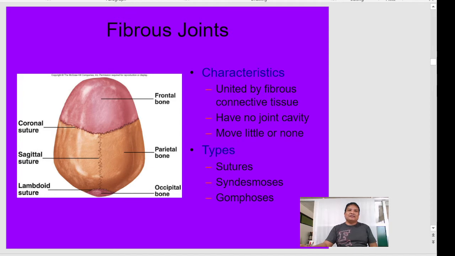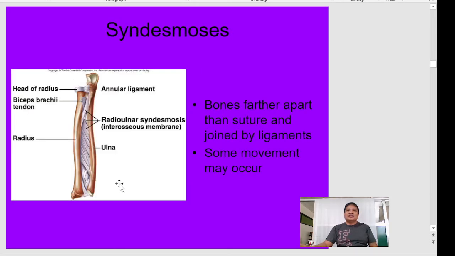Where can we find syndesmosis? Syndesmosis is a joint between two bones wherein ligaments join the bones. An example of that is your forearm, between the radius and the ulna.